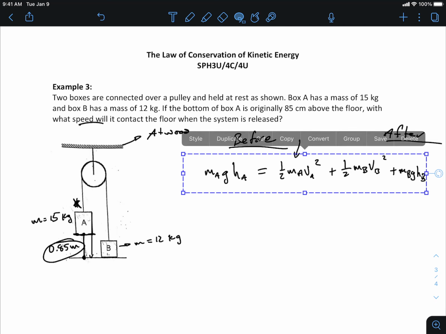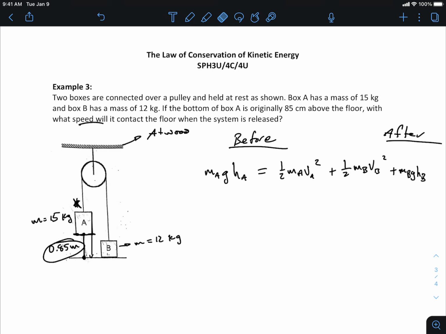That's all the components of our statement before and after. And they're going to be equal to each other because we can't create or destroy energy. So we're assuming this is a closed system, so everything's going to be conserved through potential and kinetic energy. Now, what you should see, like when we worked with these questions in the past, is that this is going to accelerate this way.